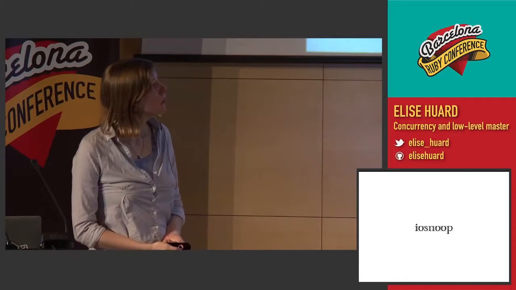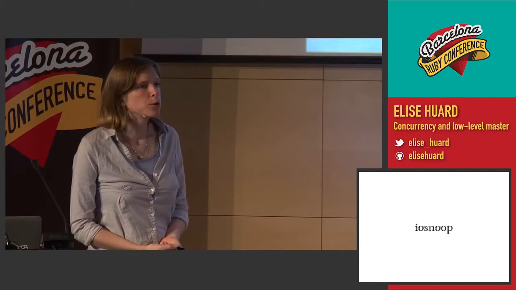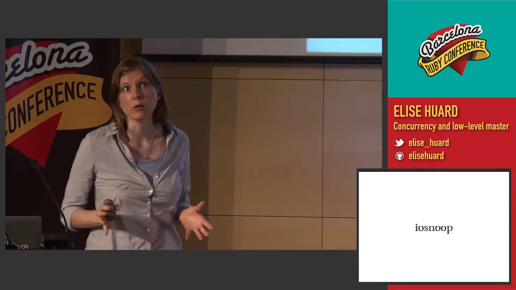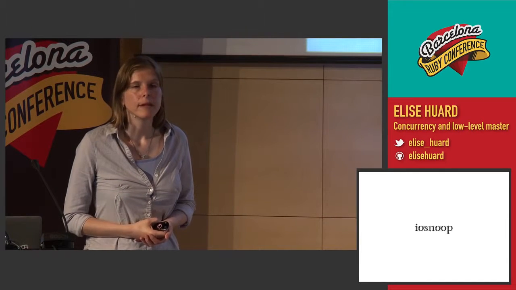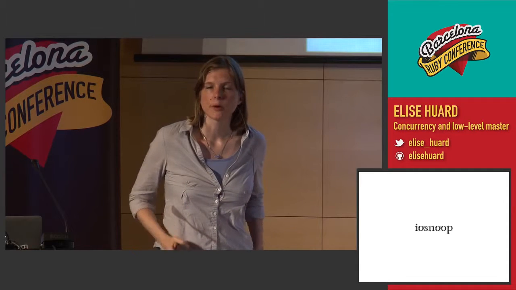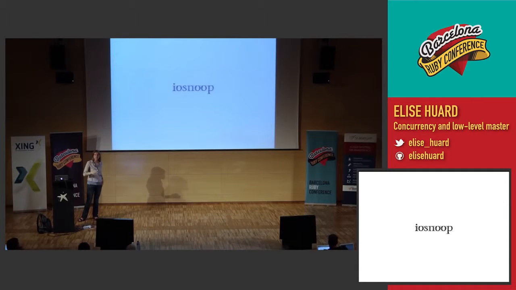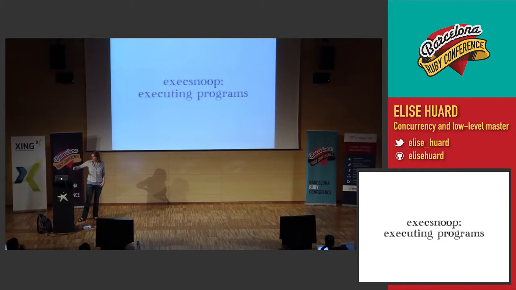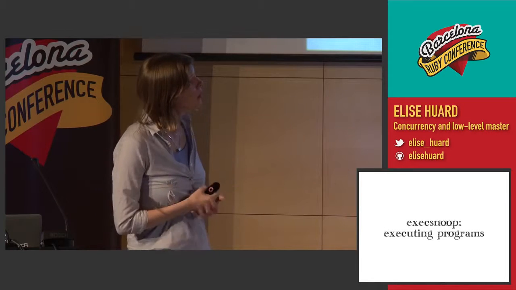iosnoop is another wrapper, which will mostly look at I/O events. For instance, in the case of a Rails request, it was quite interesting because you saw all the Ruby files being read every time you do a Rails request, which turns out to be a whole lot. So obviously Rails. And then execsnoop is, again, more general purpose.